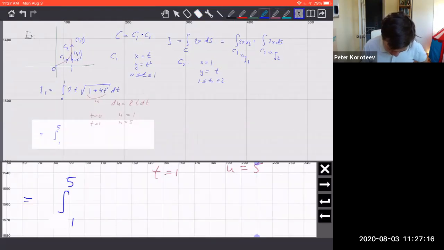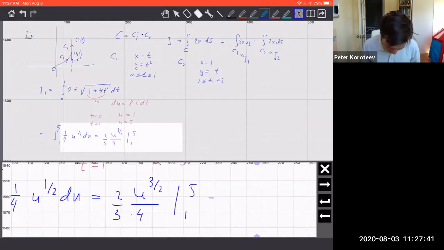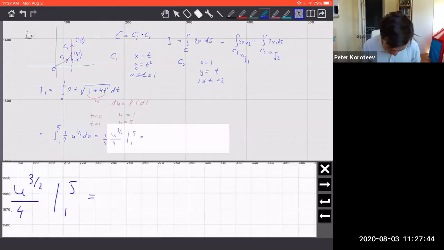So it's 1/4 times u to the power 1/2 du. So that's u to the power 3/2, multiplied by 2/3, and then 1/4, from 1 to 5, which is equal to 1/6 of (5 to the power 3/2 minus 1).